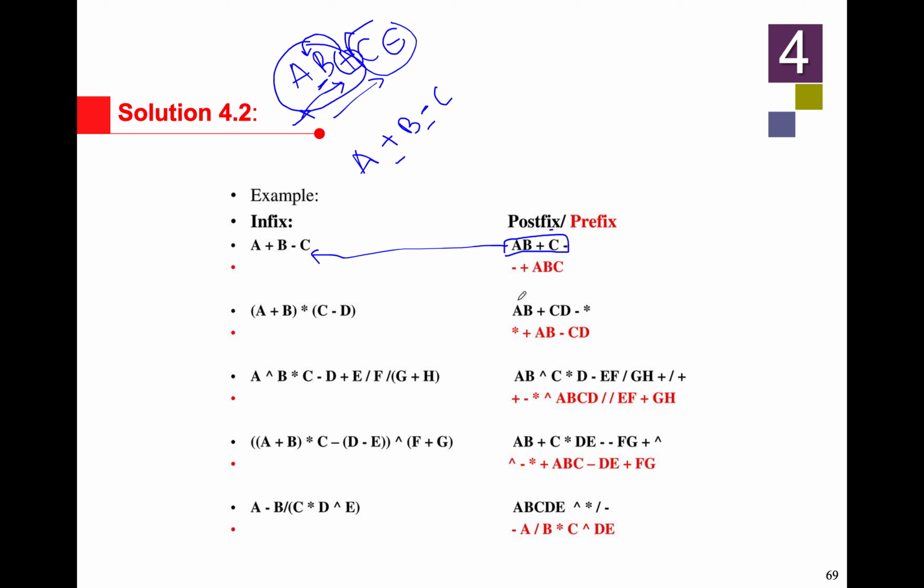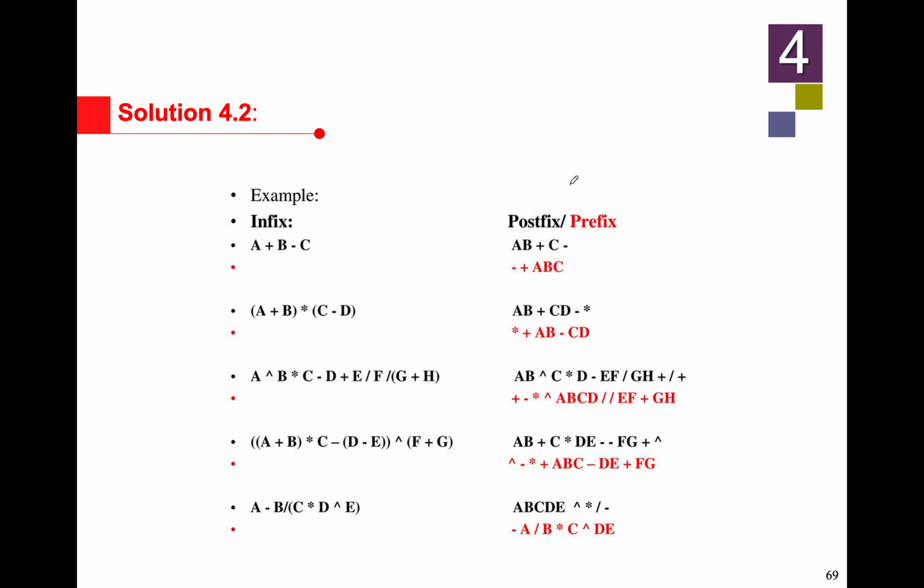Okay, we have AB plus, later on the rest you're going to do by yourself. Okay, you have AB plus CD minus multiplications. You have A, B, and then what you meet is your plus.